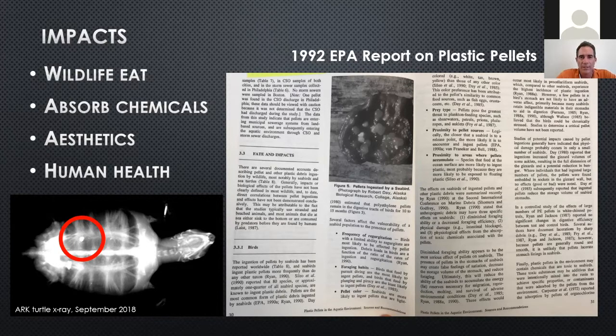The other issue is that these pellets absorb harmful chemicals whenever they're in the water, so they can act like sponges. And so we've done quite a bit of research. There's some other groups in Japan called Plastic Pellet Watch. You can send them nurdles and they'll tell you what type of chemicals are absorbed into their pellets.